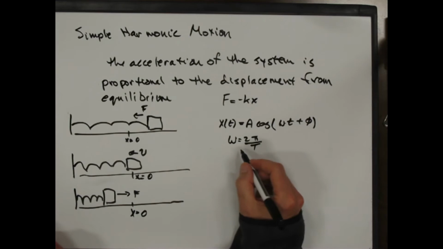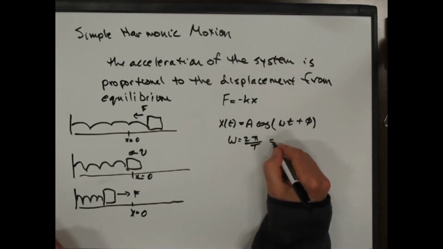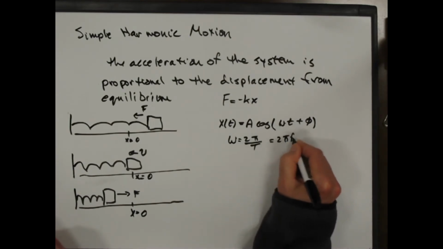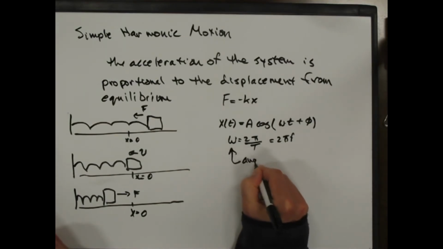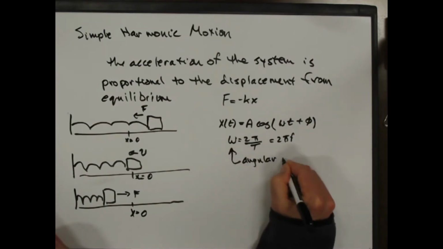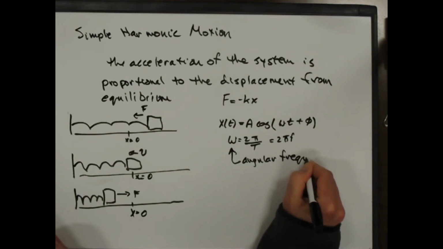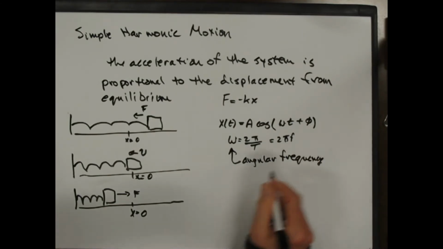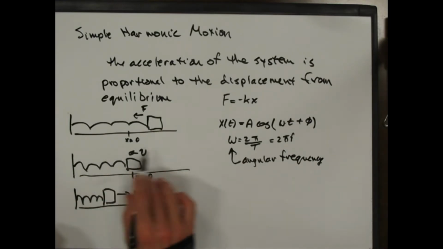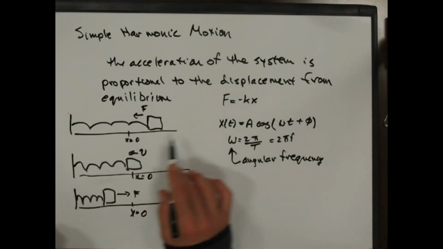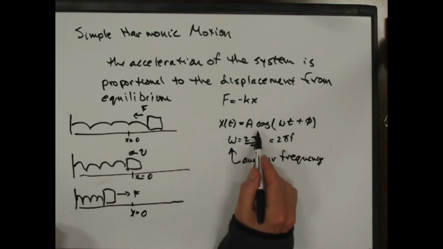Omega is just 2 pi over the period, or 2 pi times the frequency. So again, if x is the position of this thing, then it oscillates back and forth like a cosine.